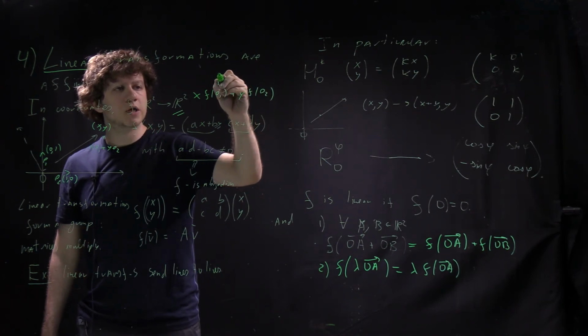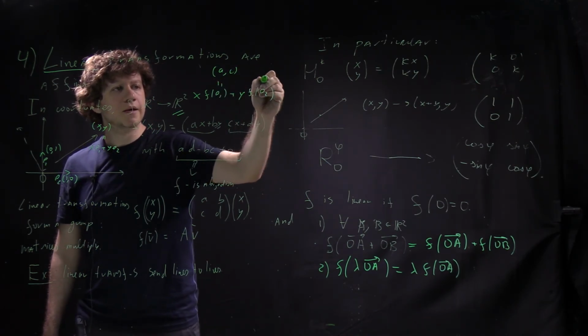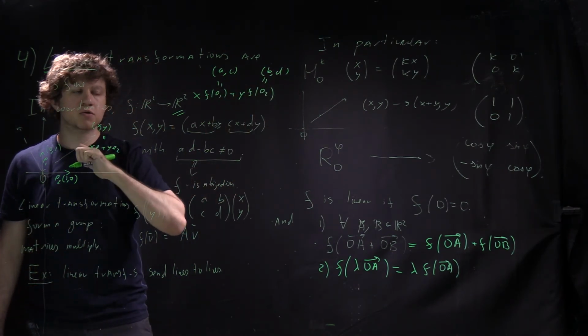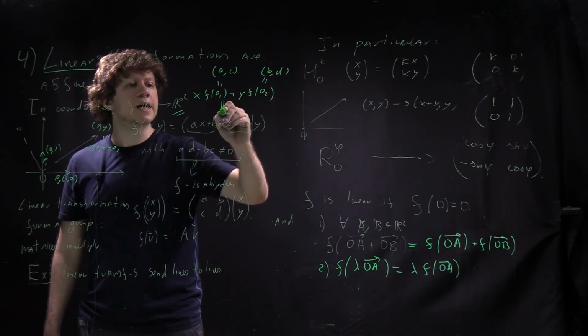And if you denote this by a comma c and this by b comma d, which can be arbitrary vectors, just not on the same line, then you will get exactly this formula.